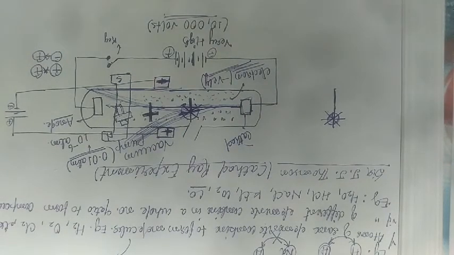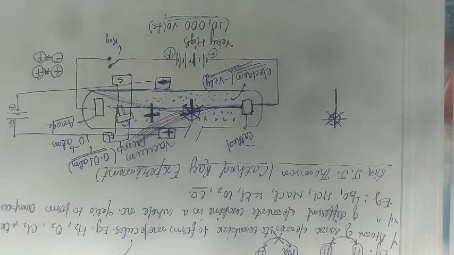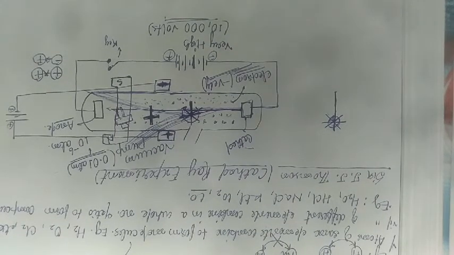So this was all about the J.J. Thomson cathode ray experiment. Now one more thing he did: he tried to find out the charge and the mass of these electrons.